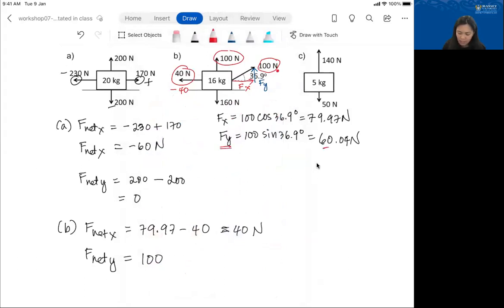So you have a plus 60.04 newtons that's coming from the Y component of this 100 Newton diagonal force. And then you have this negative 160 newtons because it's pointing downwards. So you have minus 160 newtons, and that will all add up around 120.